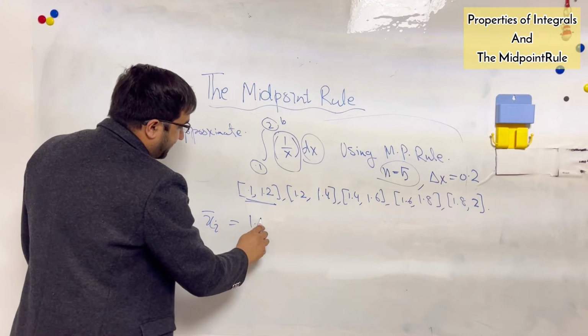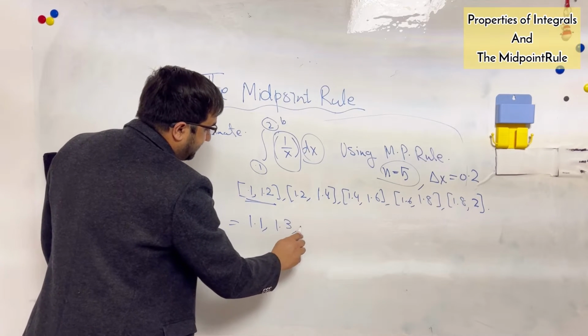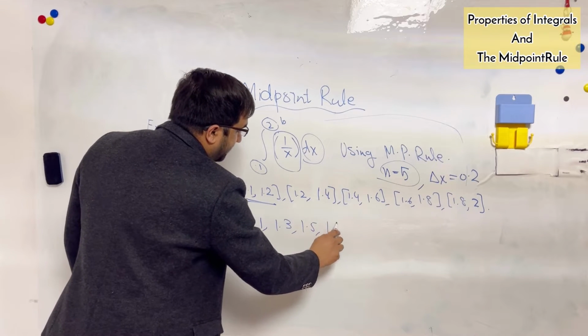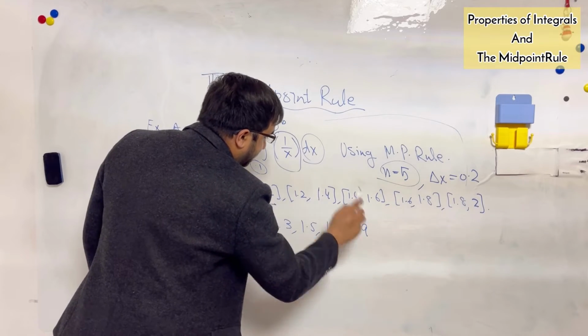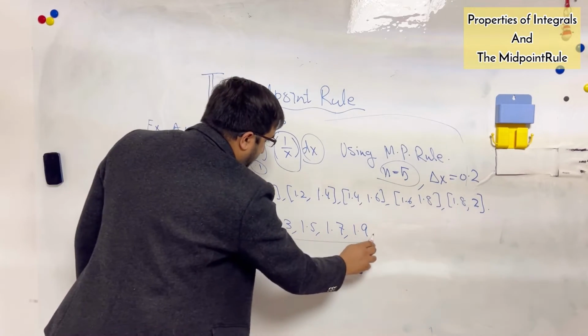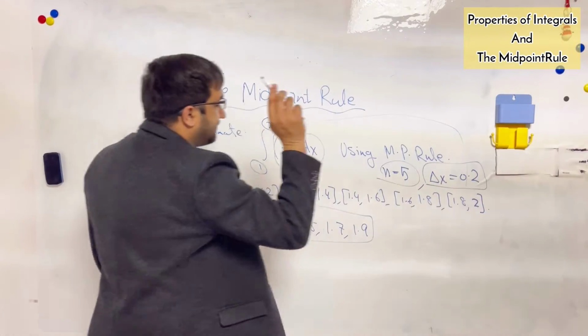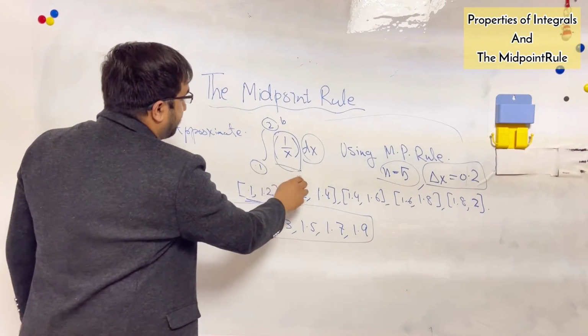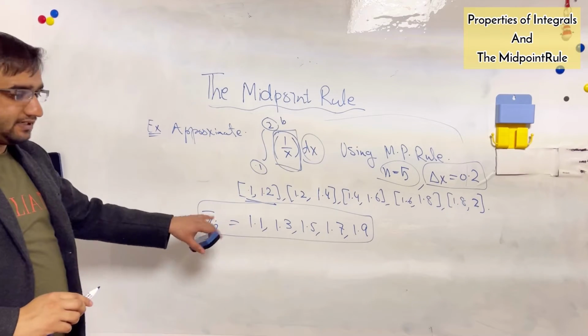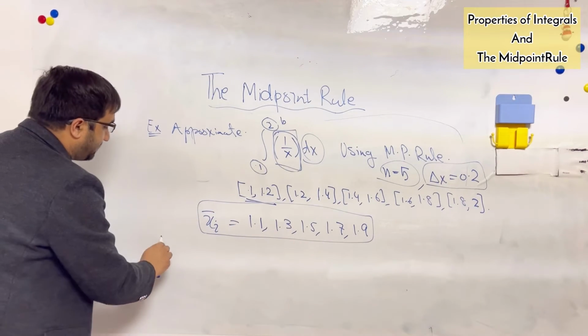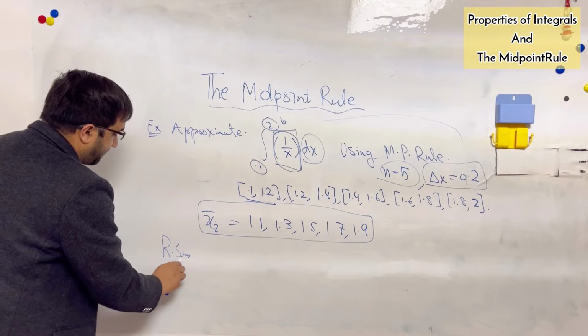These are 1.1, 1.3, 1.5, 1.7, 1.9. So these are the midpoints. This is the delta x. This is the f of x. So I have everything to put into the Riemann sum formula.